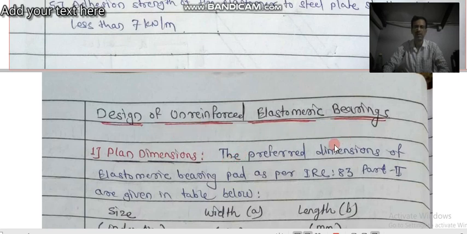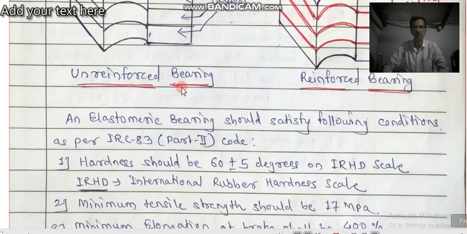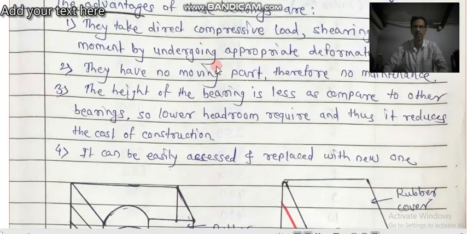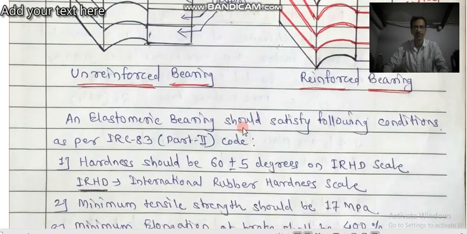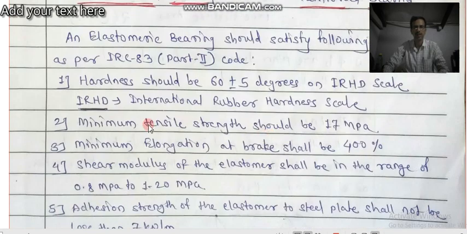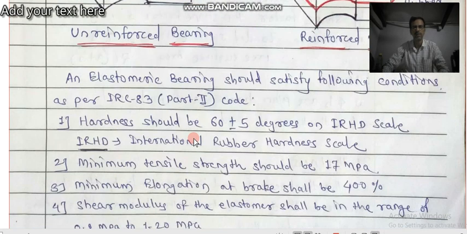And third, a numerical related to the design of unreinforced elastomeric bearing, which may be asked for 16 marks. In the first question we have covered what an elastomeric bearing is, its advantages over other types of bearing, and its requirements according to IRC 83 Part 2.